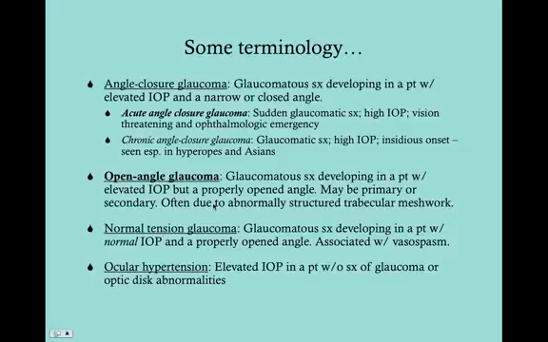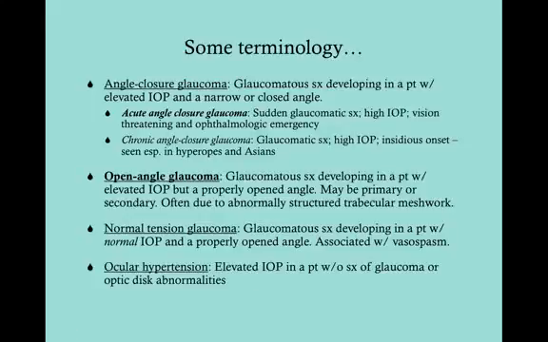This is often, but not always, due to abnormally structured trabecular meshwork. There's normal tension glaucoma. Now that sounds like a contradiction. I thought glaucoma was from elevated intraocular pressure. Well, it usually is, but not always. So in normal tension glaucoma, you have glaucomatous symptoms that develop in a patient who always has normal intraocular pressure, and they always have a properly opened angle.